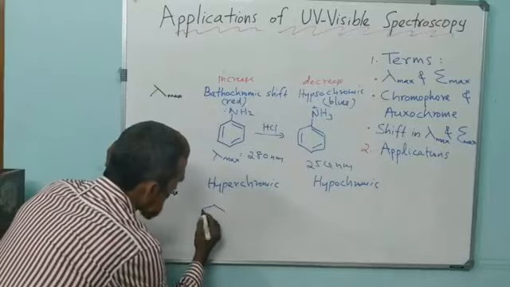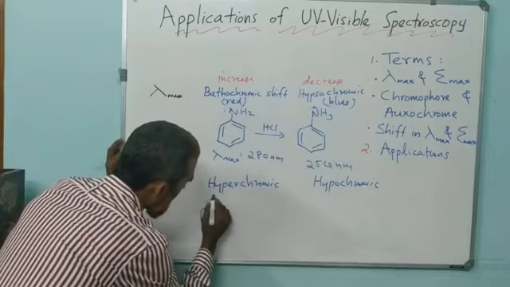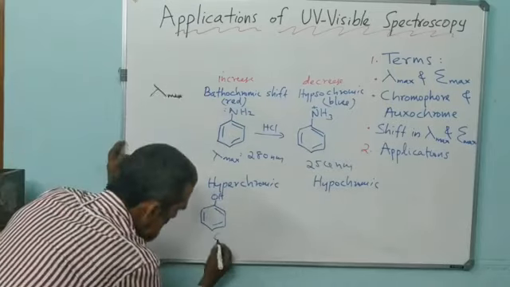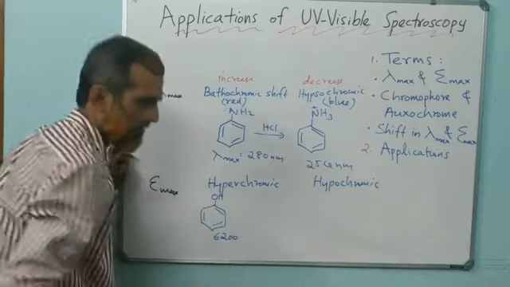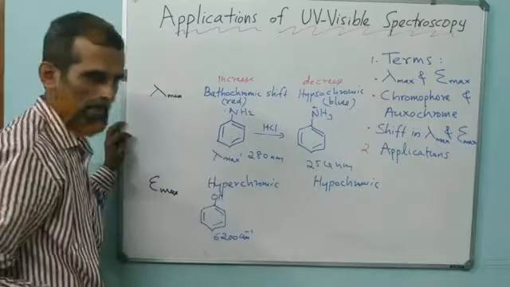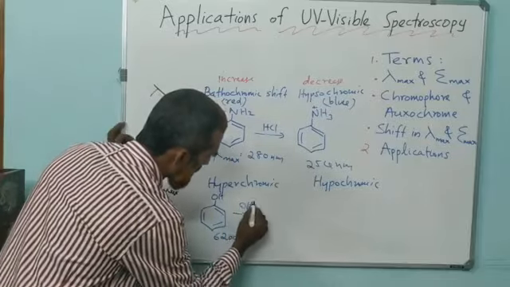Putting an example, phenol, right? OH. The Emax value of phenol is 6200 centimeter inverse. That is the Emax value. On adding base, you know that phenol is acidic.